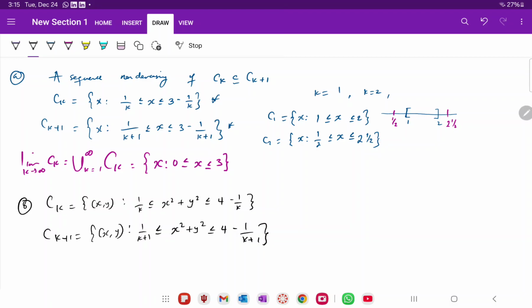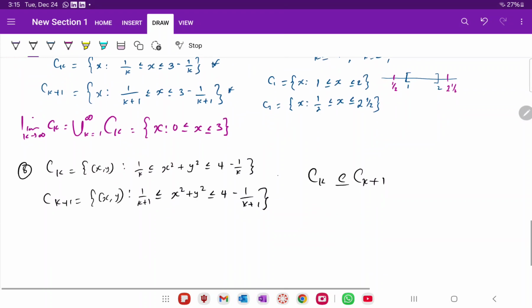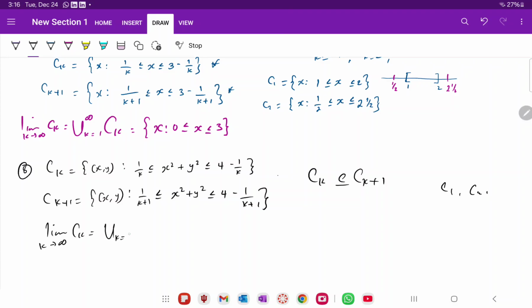So obviously our Ck is a subset of our Ck plus 1. Or you can also prove that by checking for C1 and C2. So the limit as k tends to infinity of Ck will be the union over k equals 1 to infinity of Ck.